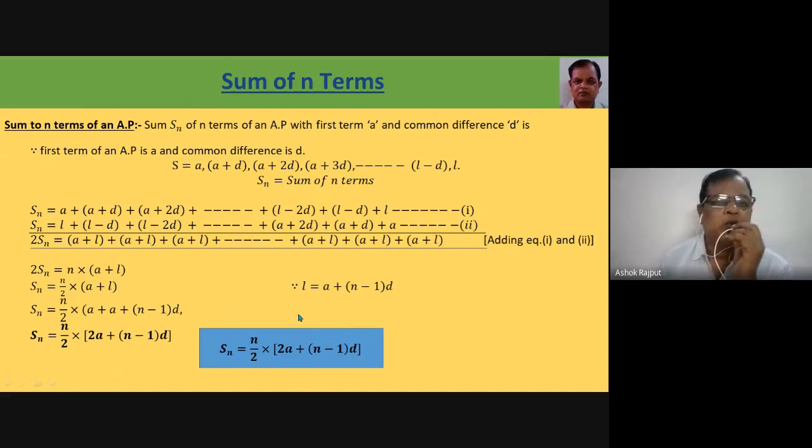Hence we have proved the Sn of an AP equals n by 2 into [2a plus (n minus 1) d], or Sn equals n by 2 (a plus l) also. These are important formulas. So you will use these formulas and find the sum of n terms of an AP. It will be very helpful.